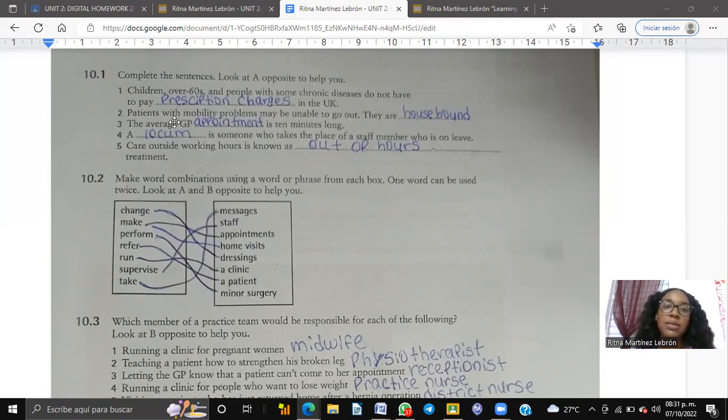Patients with mobility problems may be unable to go out; they are housebound. The average GP appointment is 10 minutes long. A locum is someone who takes the place of a staff member who is on leave. Care outside working hours is known as out-of-hours treatment.